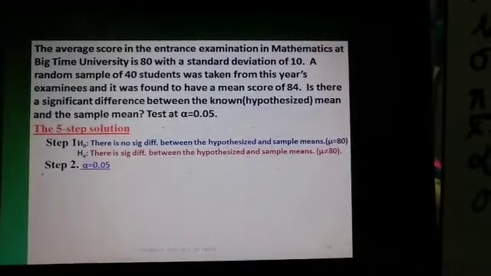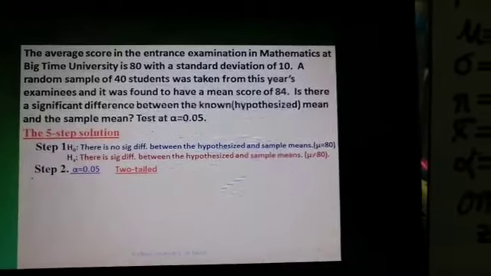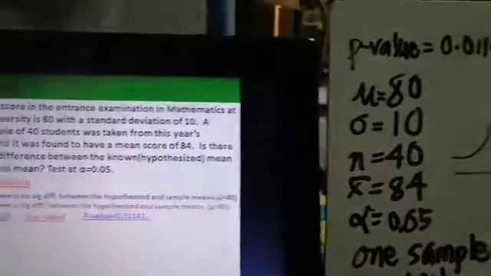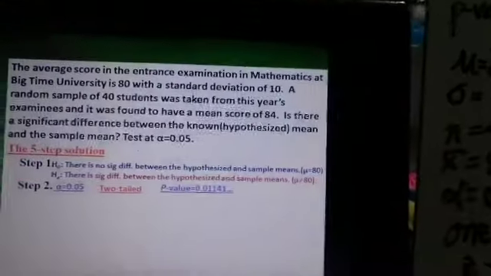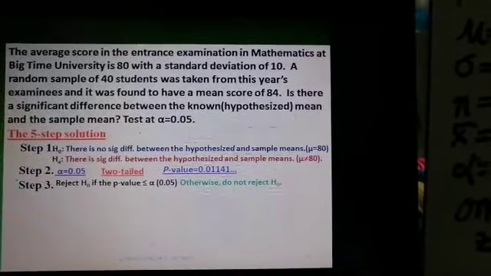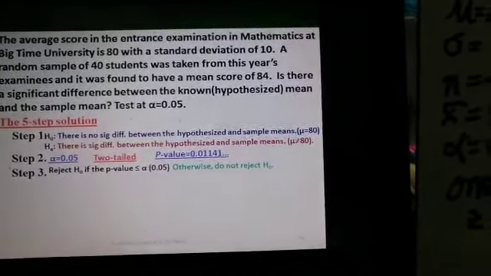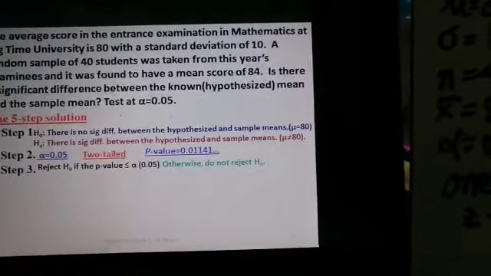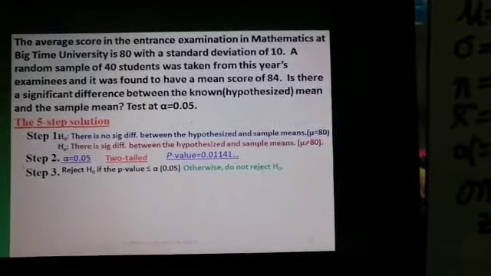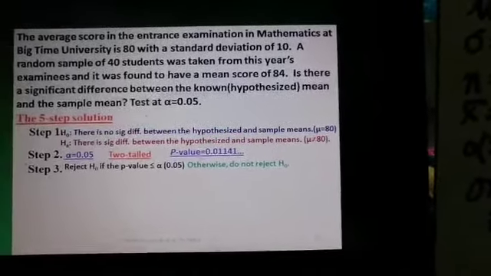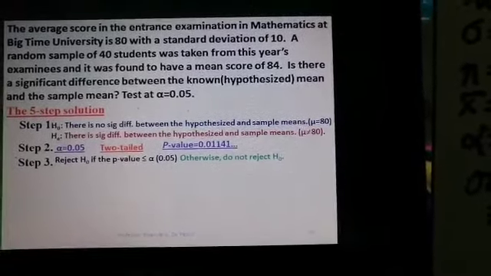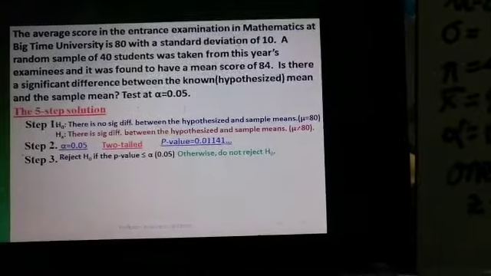I would like you to recall the steps in the p-value approach in testing the significance of difference between means. For the first step, you formulate again HO and HA. This one is going to be faster than what we had a while ago, because this is just a recap of the critical value, but we have some twists. Using the same problem, our HO and HA will be the same. For step 2, our alpha is also 0.05. We have a two-tailed test, and you just have to copy our p-value. For step 3, you reject HO if the p-value is less than or equal to alpha. This is generic, and you always use this in any of your hypothesis testing. So you reject HO whenever you get a p-value less than or equal to the alpha that you have set or selected.